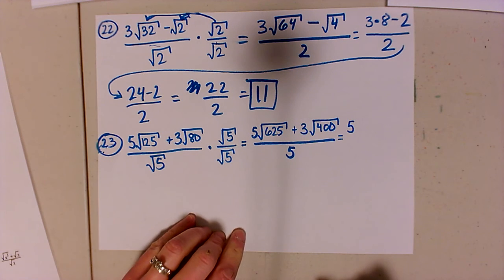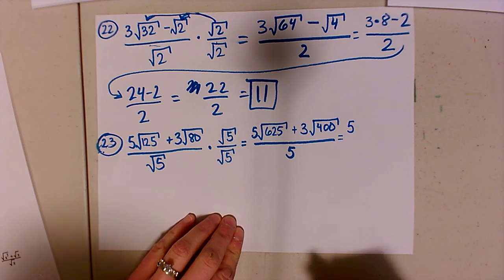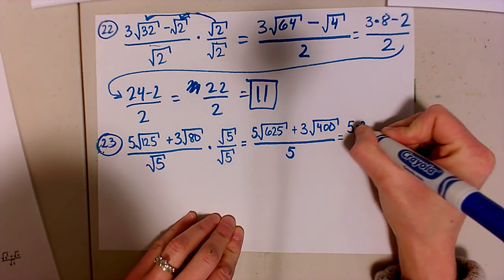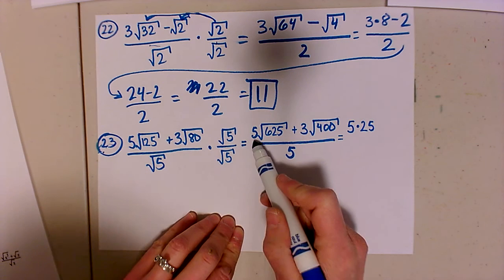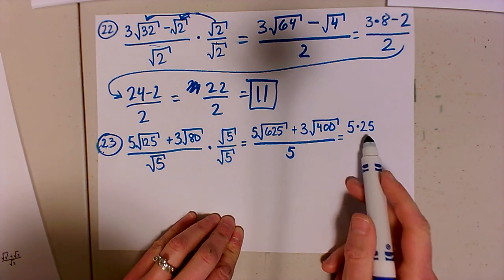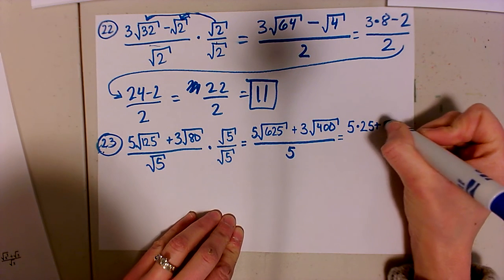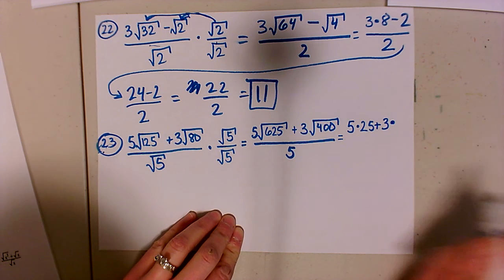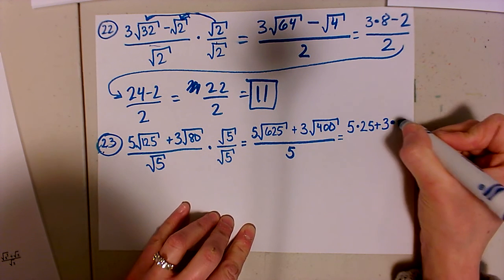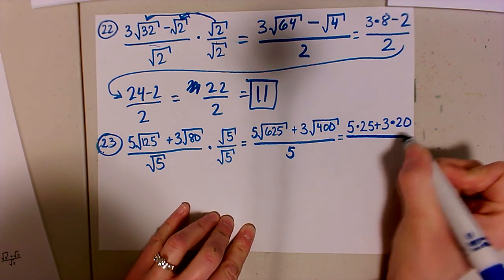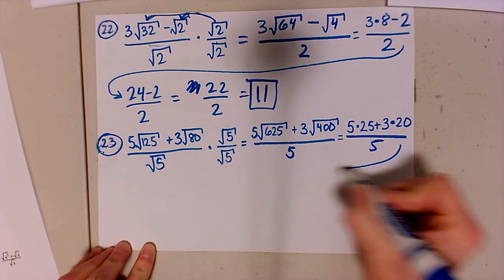So now we can simplify this. Well, the square root of 625 is going to be 25, so we can pull that out. And when we get to it, that'll be multiplied by that 5, so that's why I have 5 times 25 here. And then I have a plus 3 times, and then the square root of 400 is 20, so I pull that out, and this is all over 5, okay?